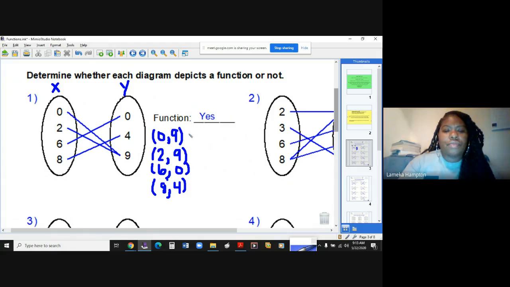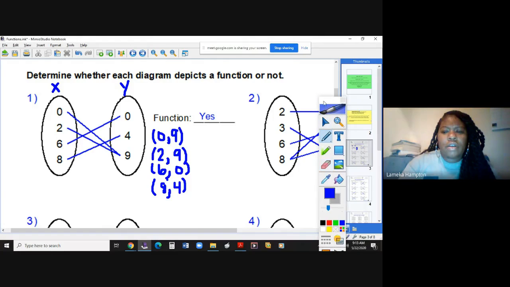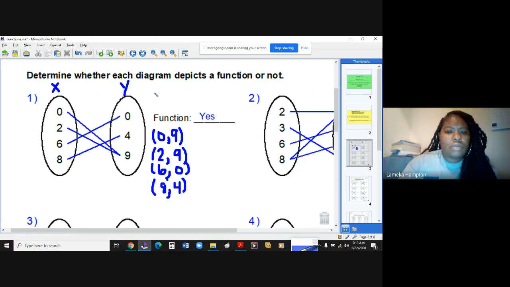Okay. So I'm going to write up here. You can have the same Y value, but a different X value.